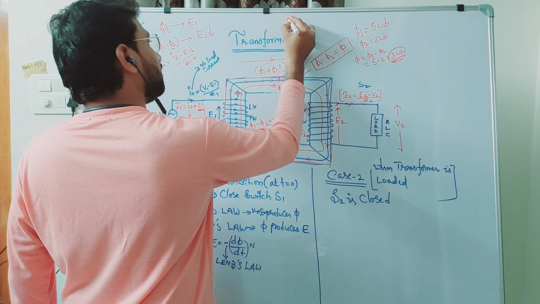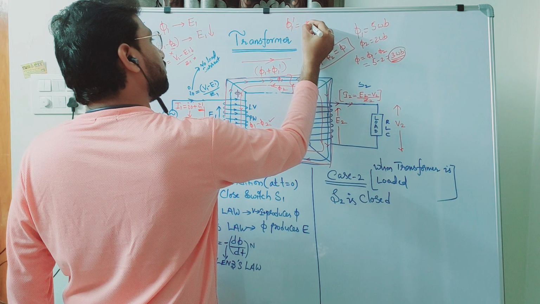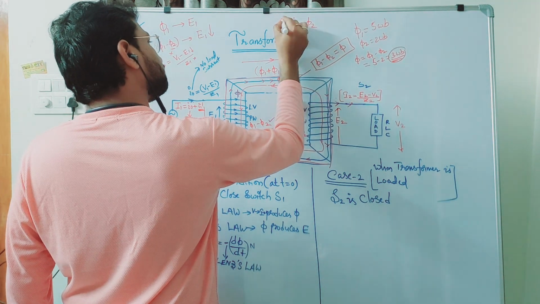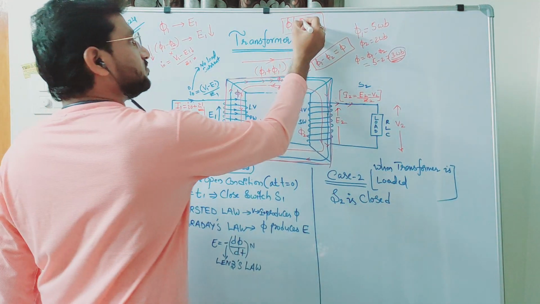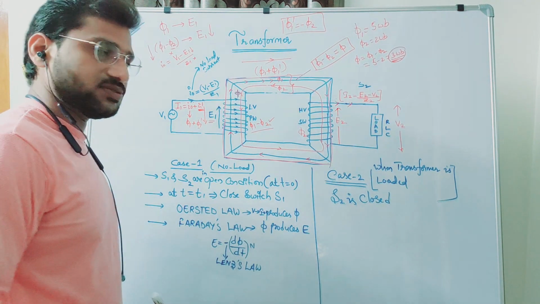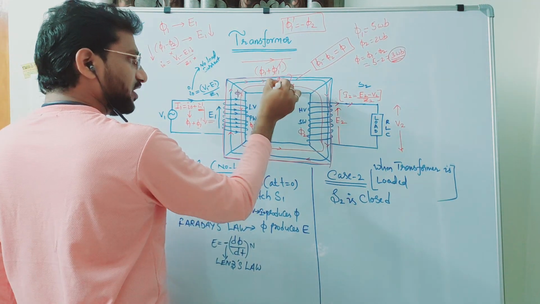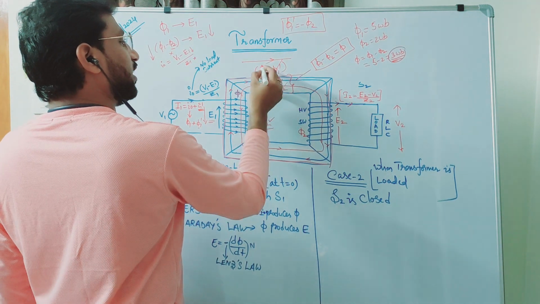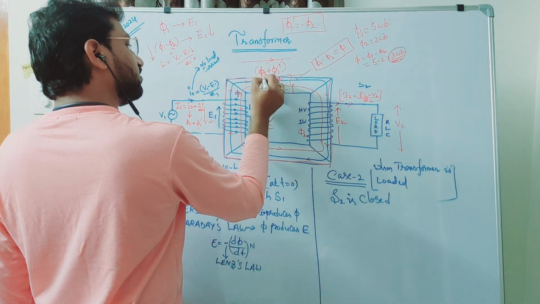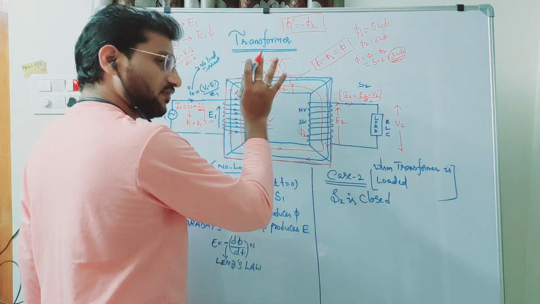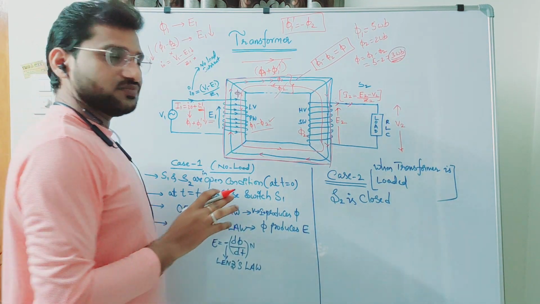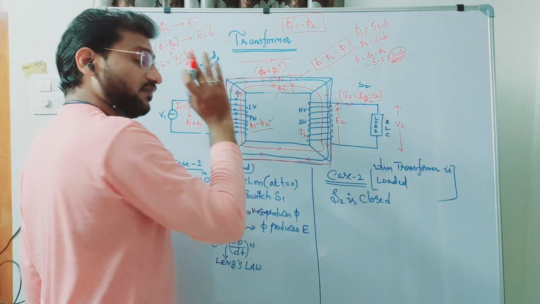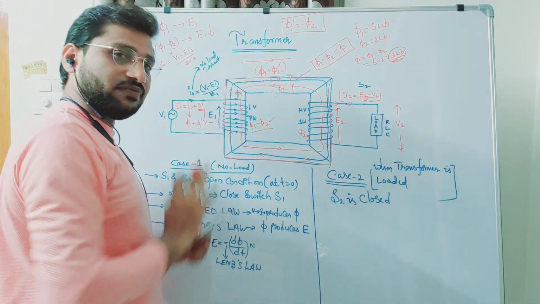That means phi 1 dash is equal to phi 2, but it is simply minus. So these two will cancel each other, and the flux here is again phi 1. Even with the load connected, it is still phi 1. Earlier it was phi 1 only, now it is also phi 1.